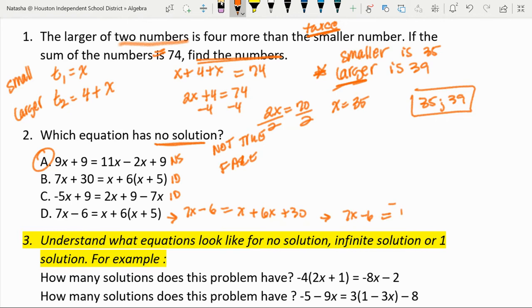Combine like terms, and the right side becomes 7x plus 30. So this time we actually happen to have two solutions, two answers. Be very careful with that, because this is going to end up being negative 6 is equal to 30. That is no solution. So this one is also no solution. So A and D should be your answers.